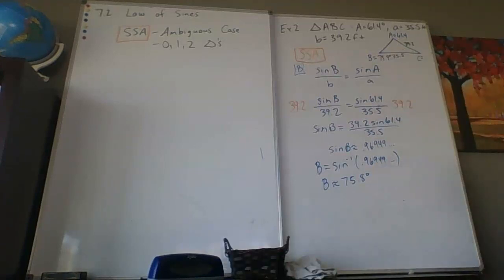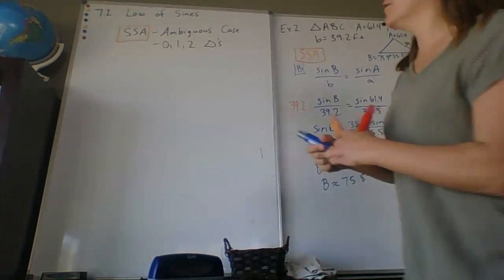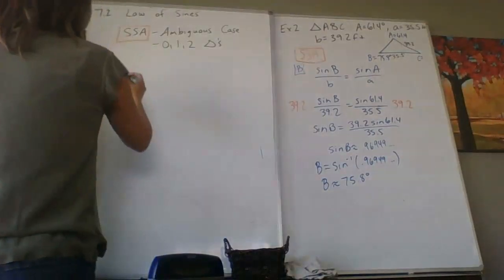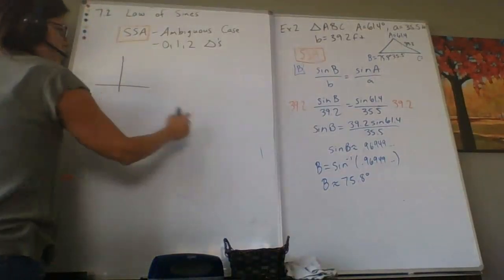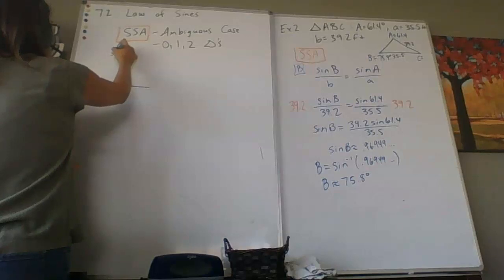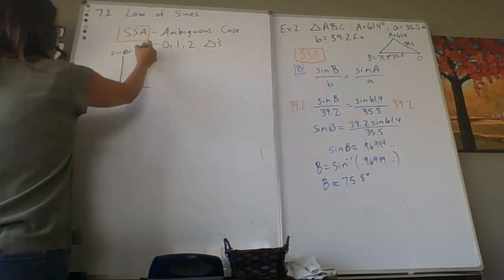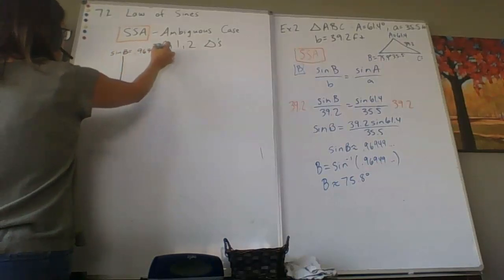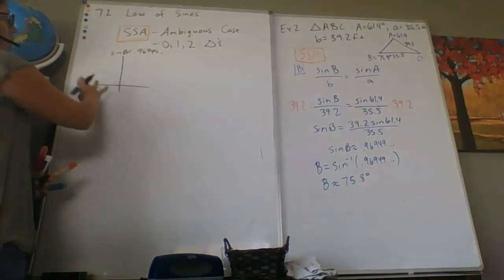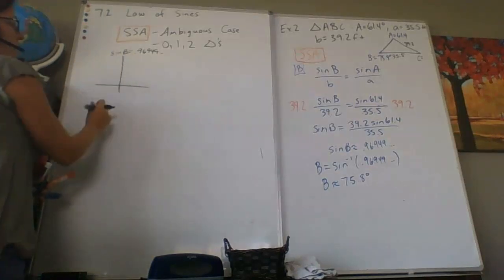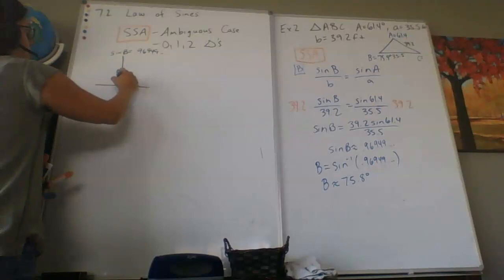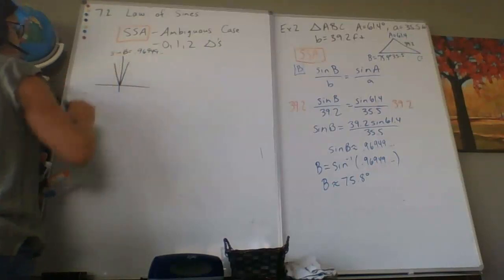This is where we have to check if there is a second triangle for this given information. So let's take this off to the side. We found that sine of B was 0.96949, and so on. And we know that sine can be positive in quadrant 1 and in quadrant 2.